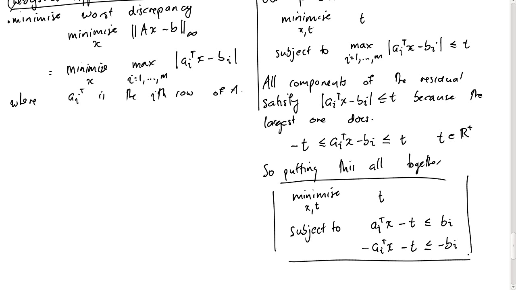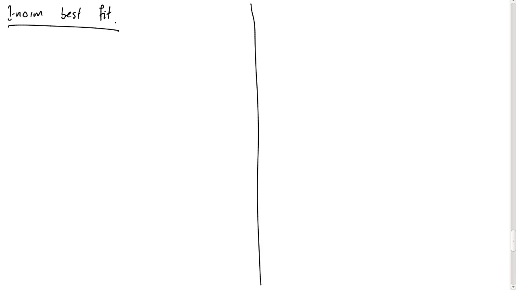Okay, so let's continue down a little tour through various applications. We've got a couple left that I want to look at anyway. This one is very similar to the one we just did. So we just did infinity norm. Now we want to do one norm best fit. So again, we're fitting a model to our data, or at least that's the picture you can think of.